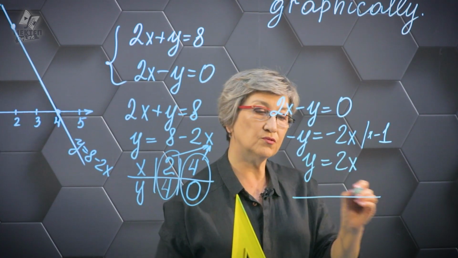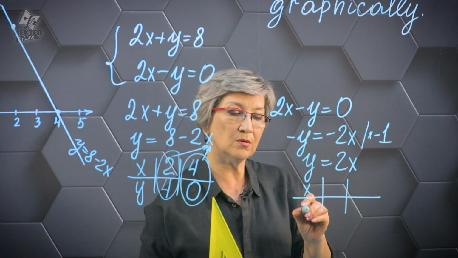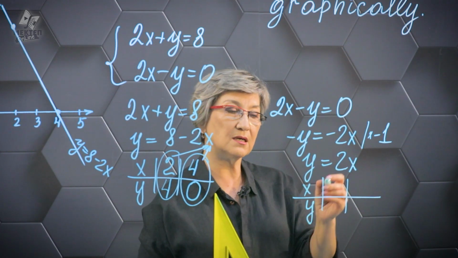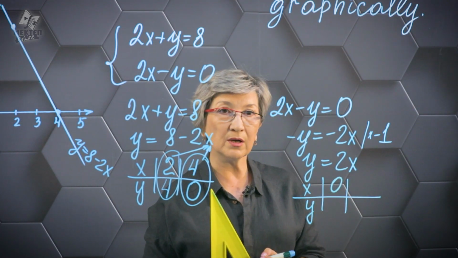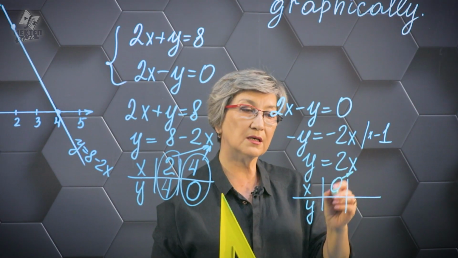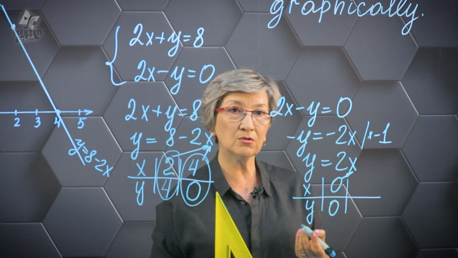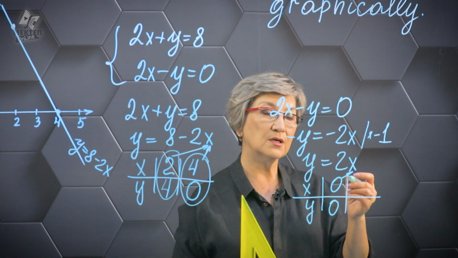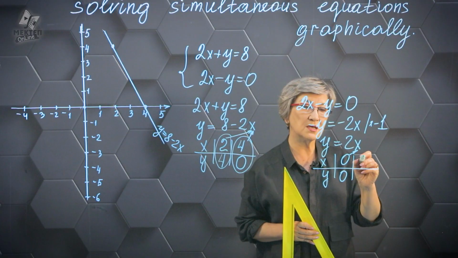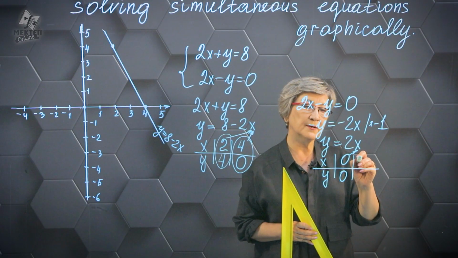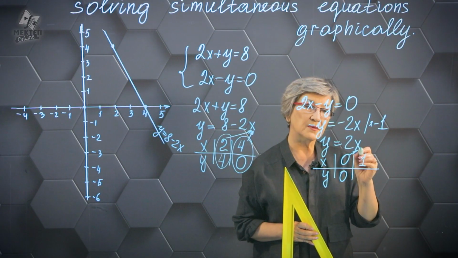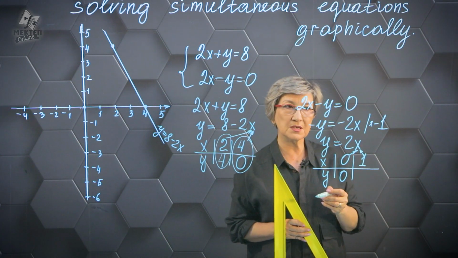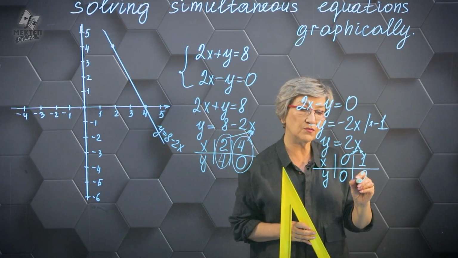Likewise, for this function, we assign values to x. The first value is 0. Then y is equal to 2 times 0, which is 0. The first point is (0, 0). And for the second point, let's choose x equal to 1. If I substitute 1 for x, then y will equal 2.